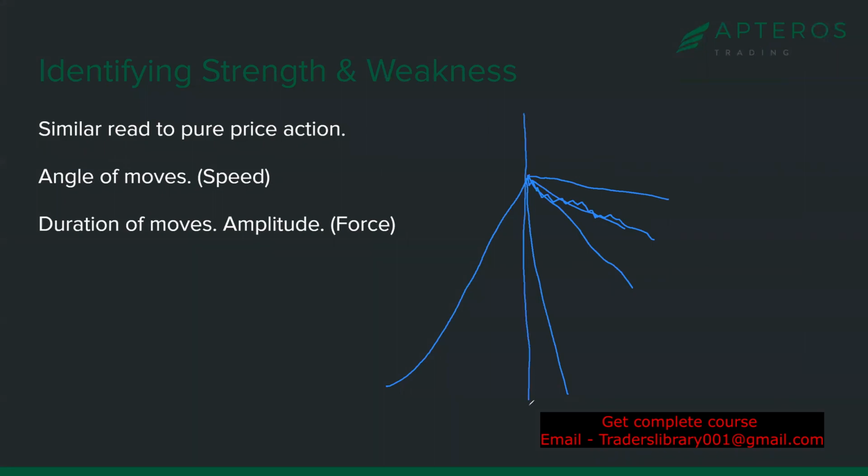Imagine that we've got this axis, right? 0 degrees, 90 degrees. So 80 is going to be really strong. 45 might be normal. 30, 15, I don't know. I'm making up these numbers, but these are weak and super weak, right? And you just flip that for the strength of an up move.